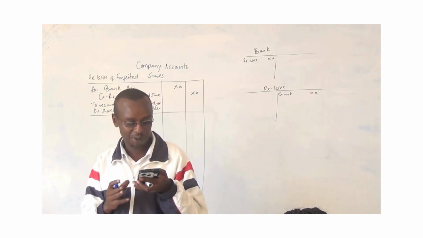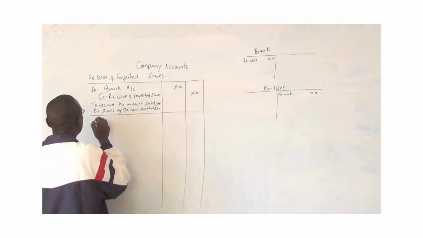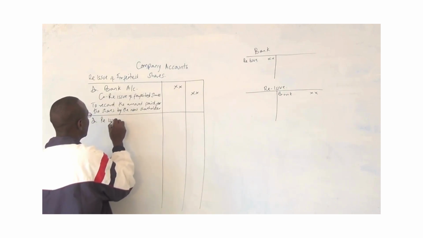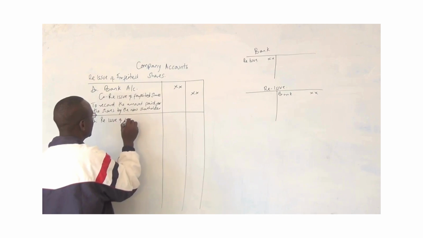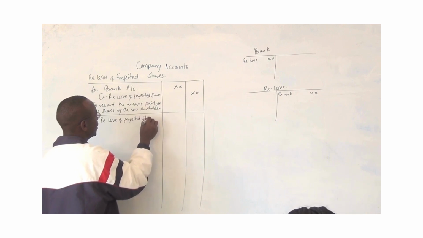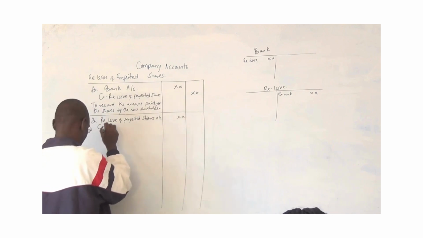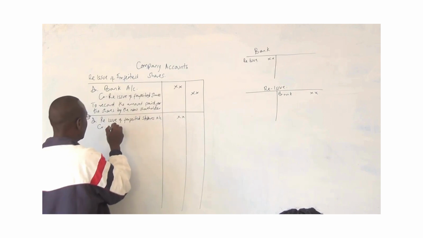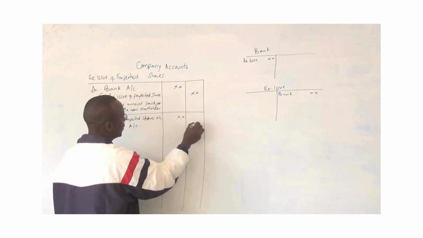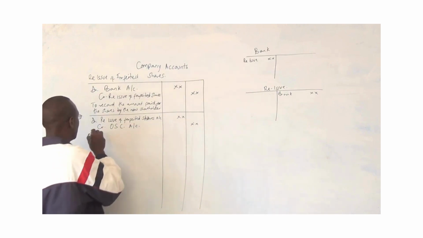Then, the second step, you're going to debit the reissue of forfeited shares account and credit ordinary share capital account. This one is to record the issue of shares.